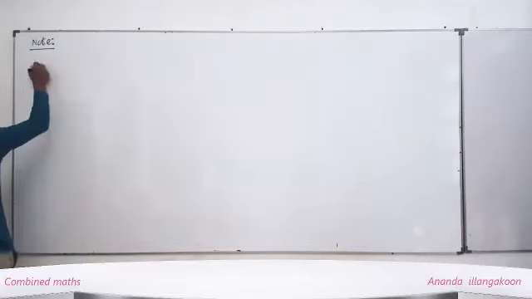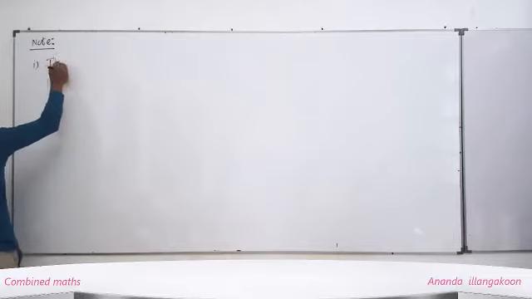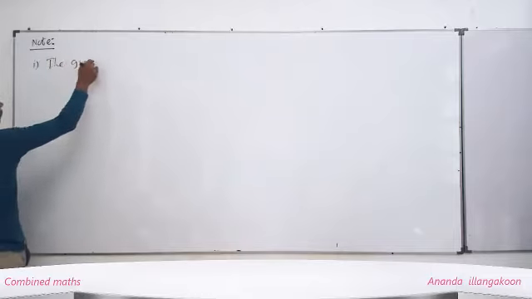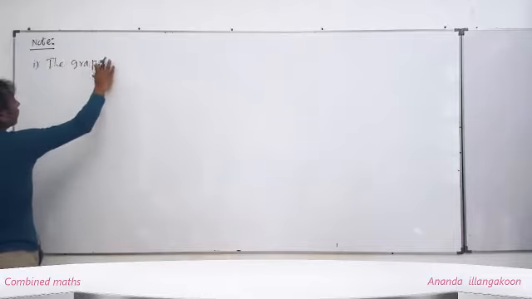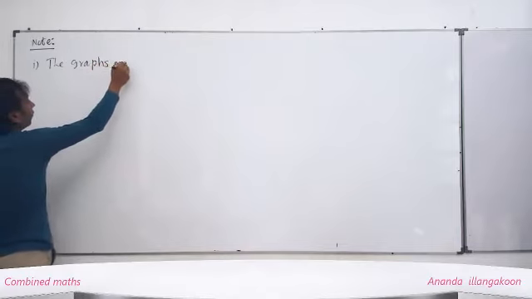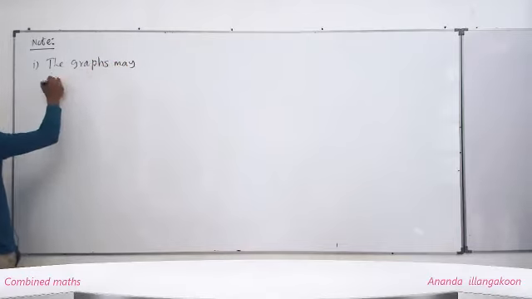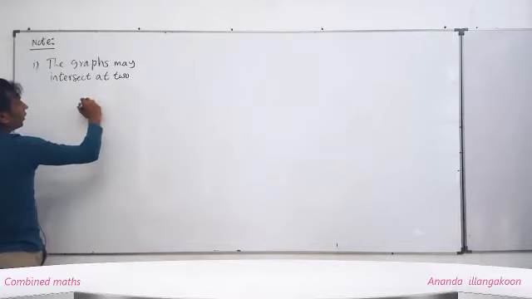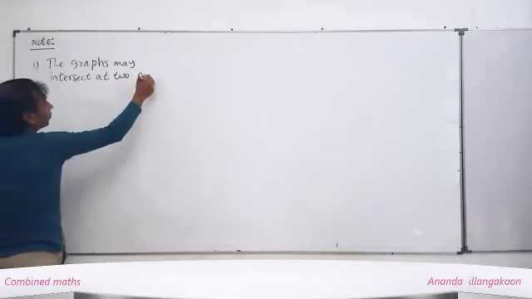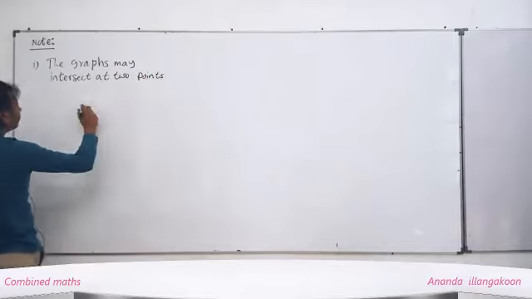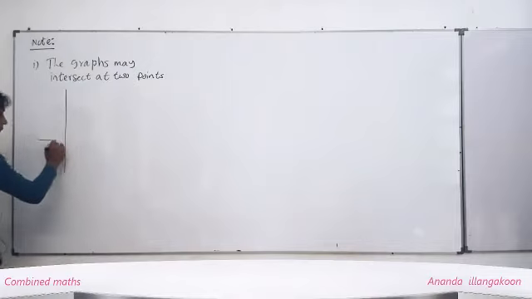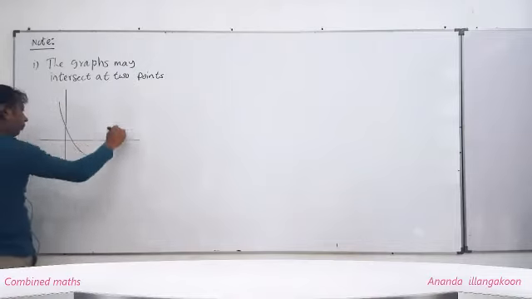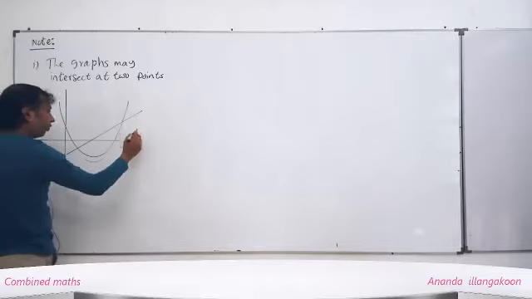First one, the graph may intersect at 2 points, like this.